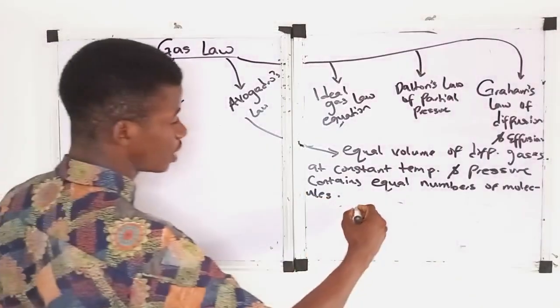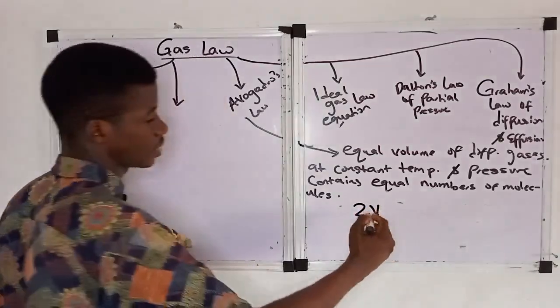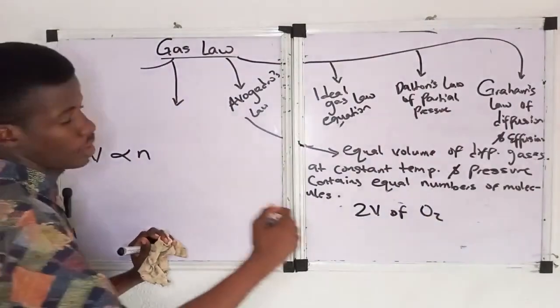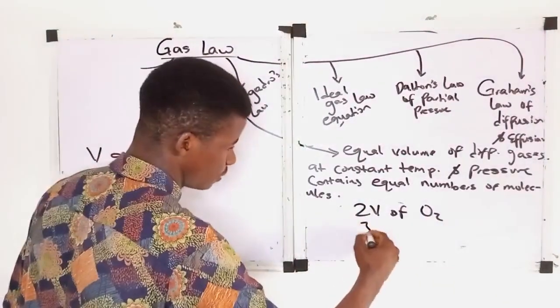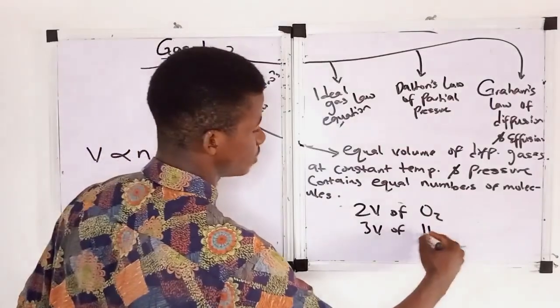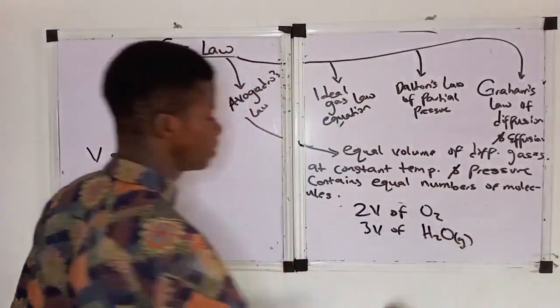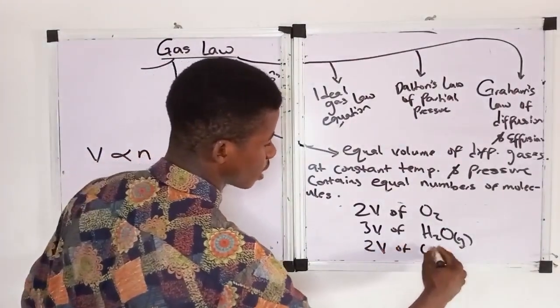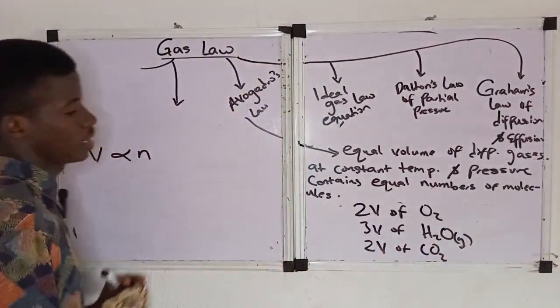Let's say, for example, two volumes of oxygen, three volumes of steam, and two volumes of carbon dioxide.